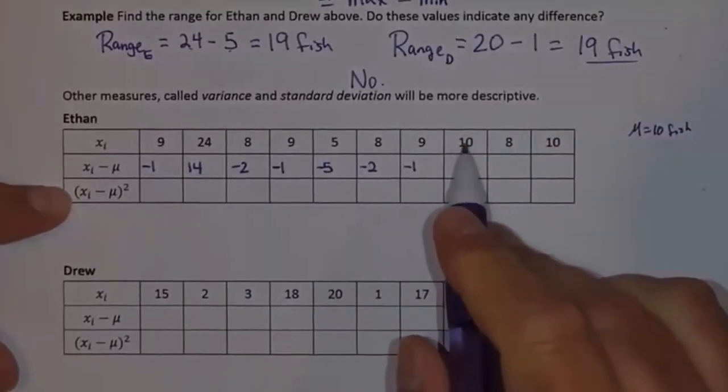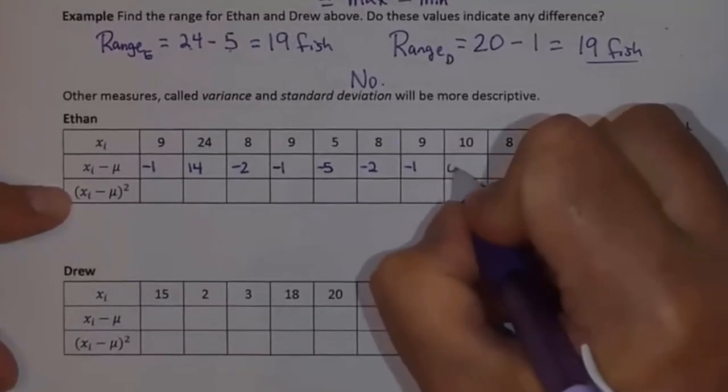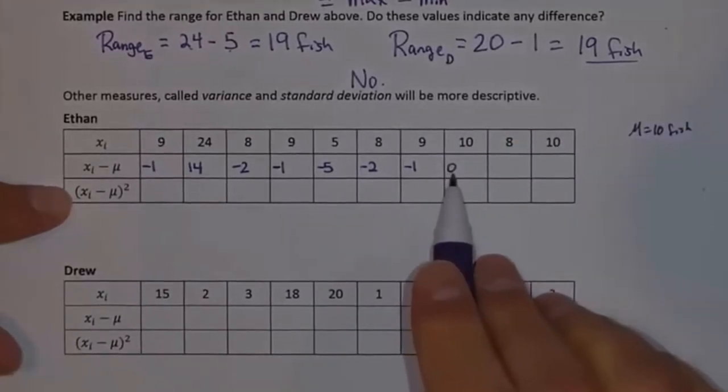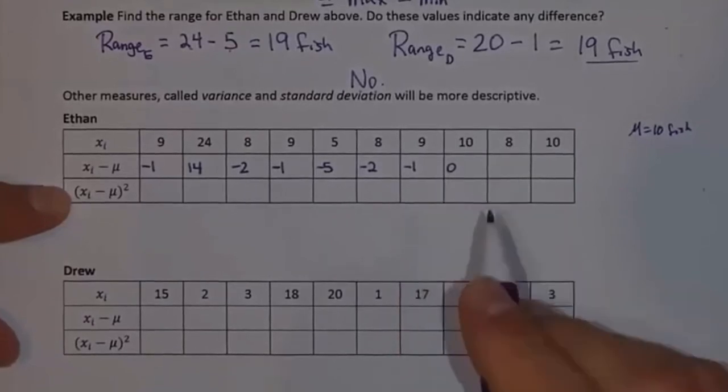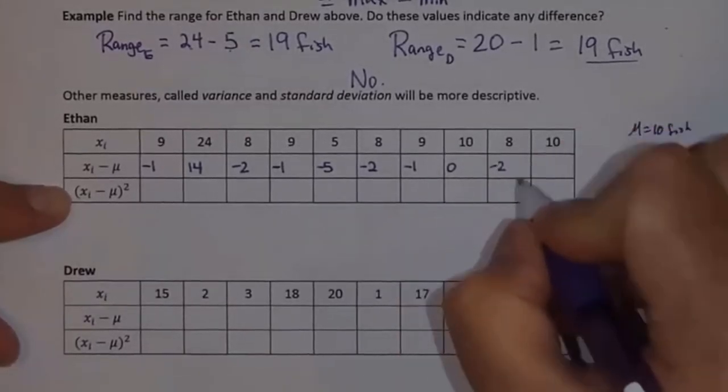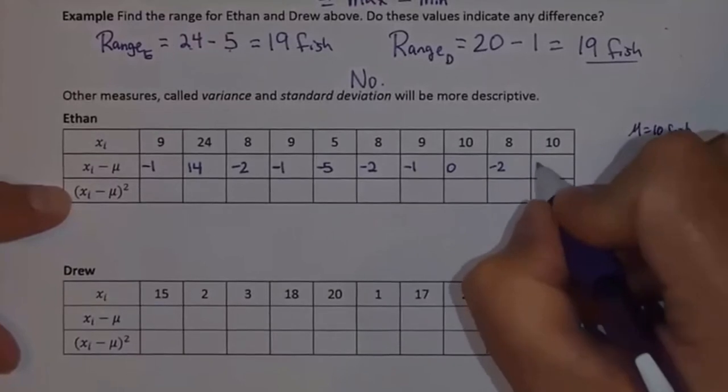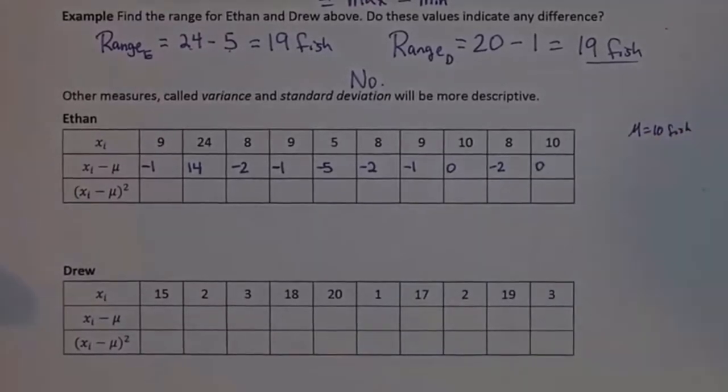This day, 10 minus 10, that's 0. That day, he did not deviate from average at all. He was average. 8 minus 10, -2 fish below average. 10 minus 10, he didn't deviate from average at all that day.